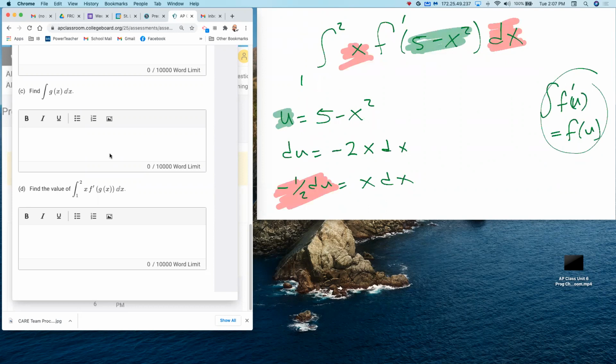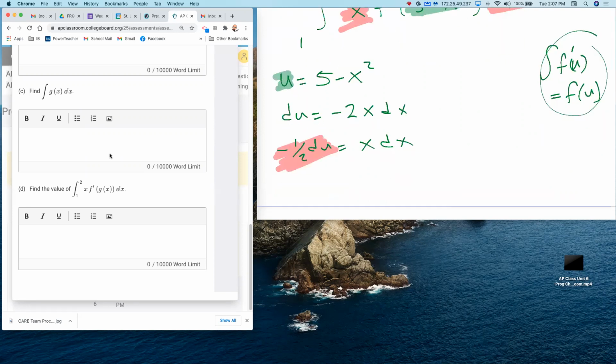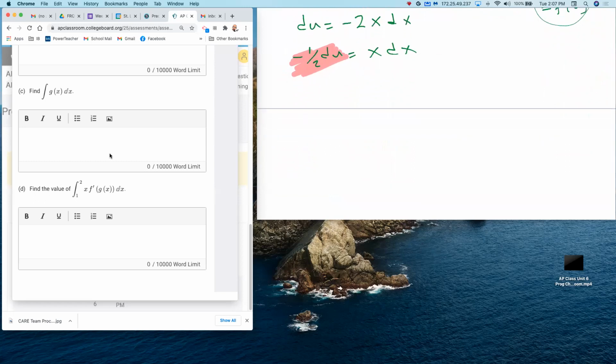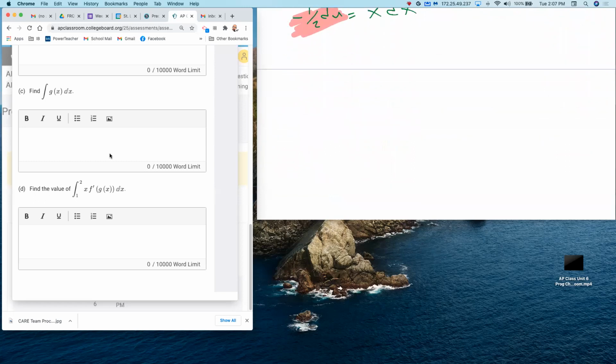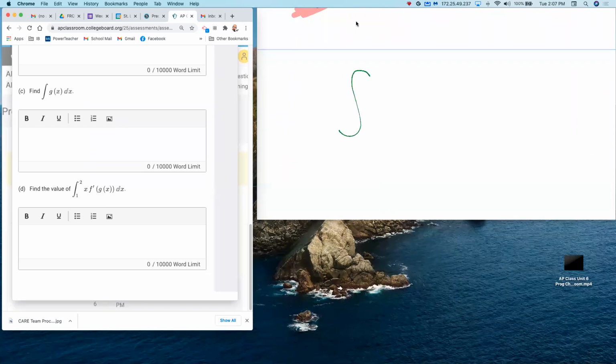But we are going to have to change the bounds, right? We're going to have to change the bounds on that. So we can do that. We can look at this and we can say, okay, we have the integral of f prime of u times negative 1/2 du.